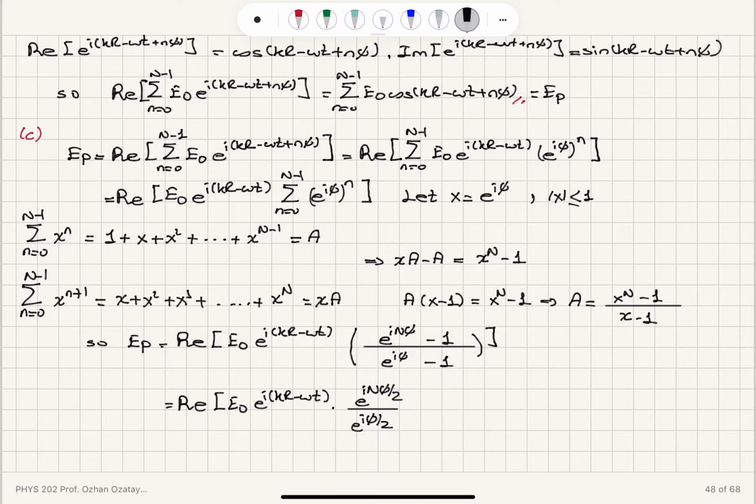So I will obtain e to the i capital N phi over 2 minus e to the minus i capital N phi over 2. You see, if you multiply this with e to the i N phi over 2, you would get e to the i N phi, and you would get 1. For the bottom, I have e to the i phi over 2 minus e to the minus i phi over 2.